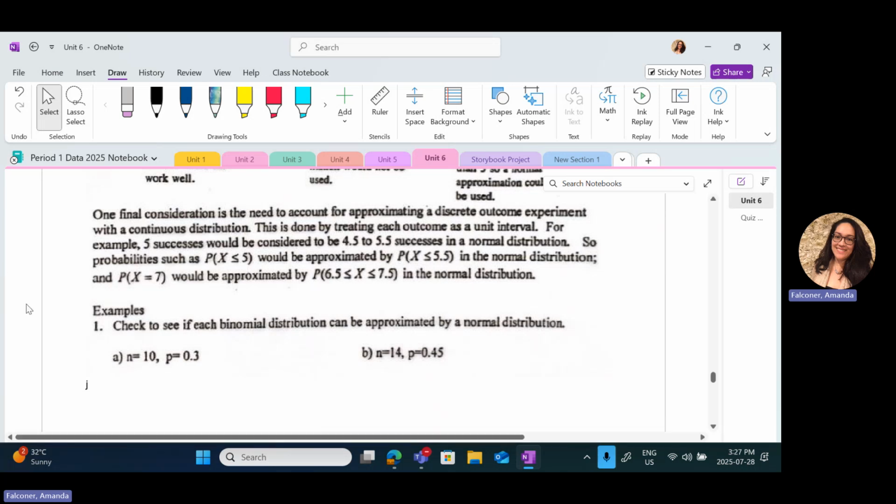And then also if random variable x is equal to 7, in the binomial sense, 7 is then interpreted as 6.5 to 7.5 if we're using normal approximation, and because it's just equal to, we would use both of those values within our z-score calculation.